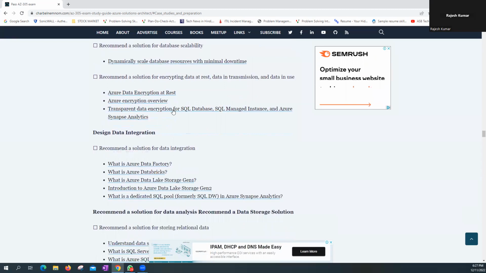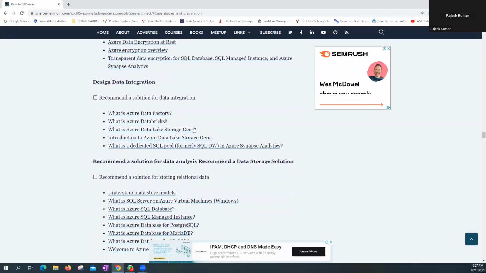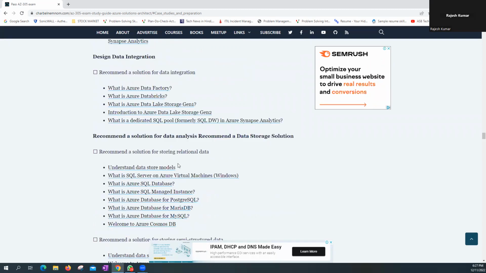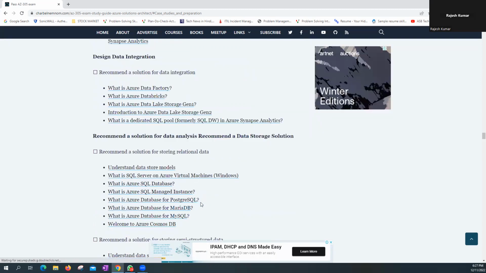Then we discussed SQL databases, managed instances, and Azure Synapse Analytics. Today we will talk about Data Factory, Databricks, Data Lake Storage Gen1 and Gen2, and different Azure services.